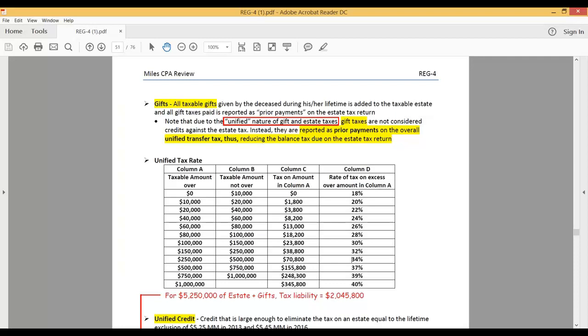So this is your unified tax rate table, and you can see it starts as low as 18% and the maximum tax is 40%. Now, how do I calculate what is my unified credit that's available for me? So the maximum limit, let's do it for the 2017 number.